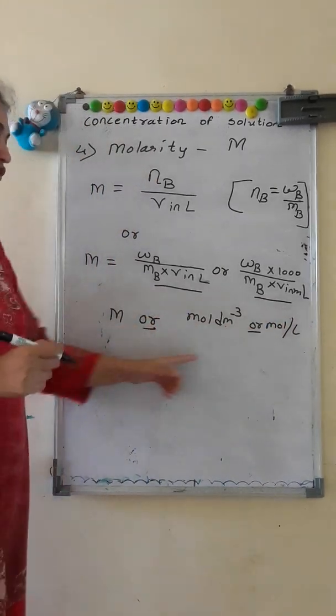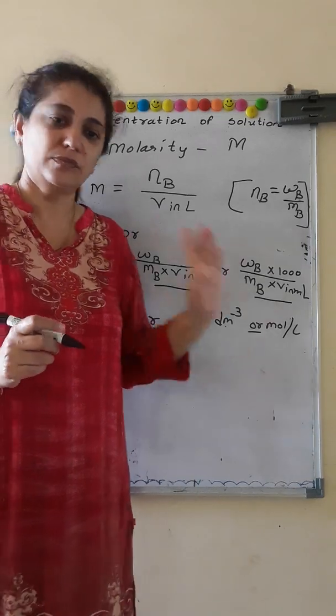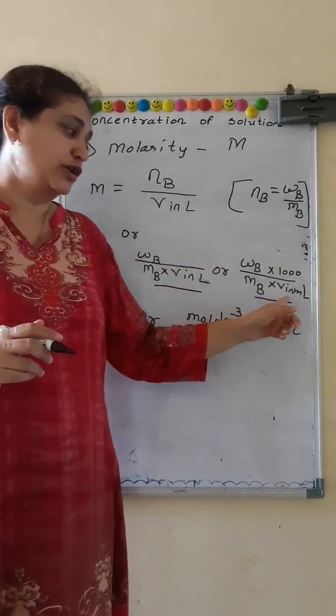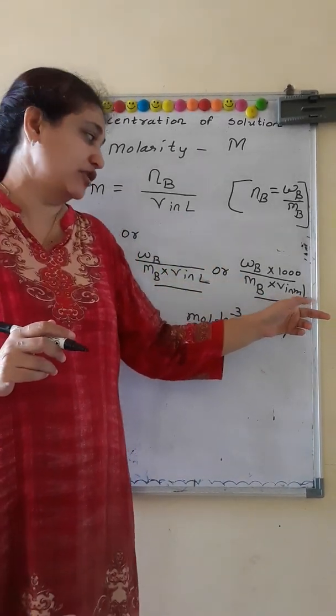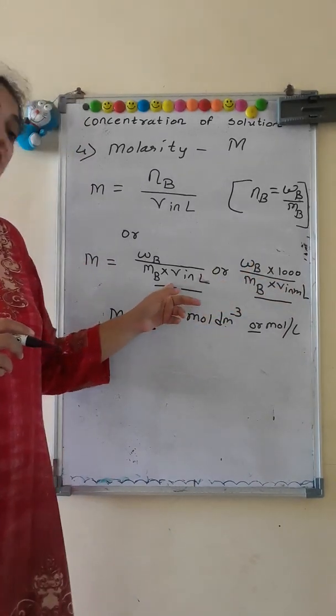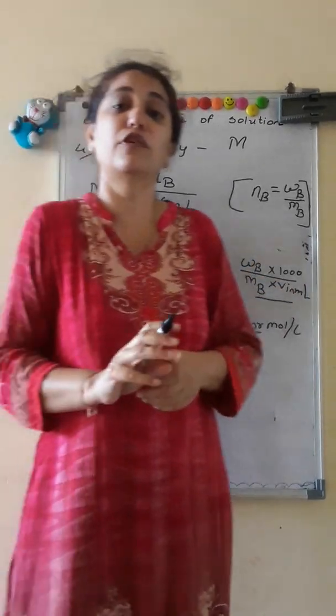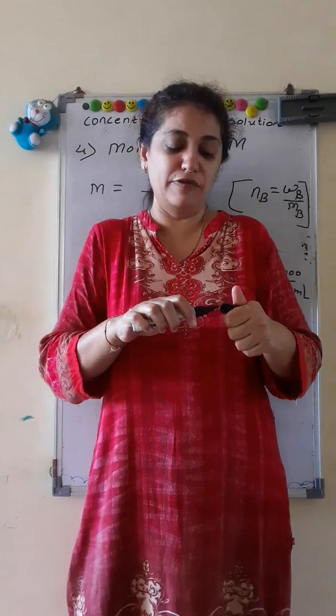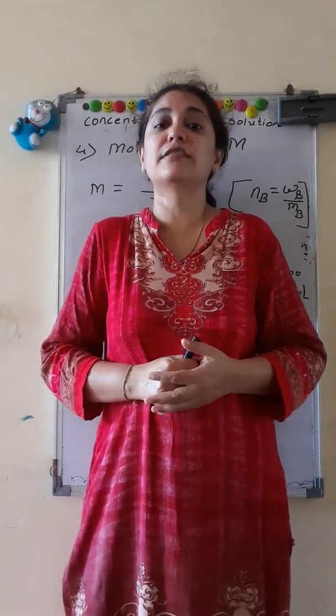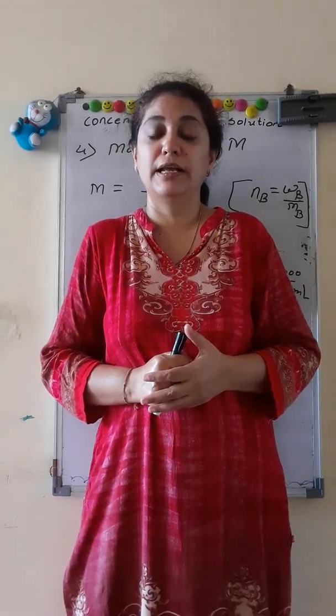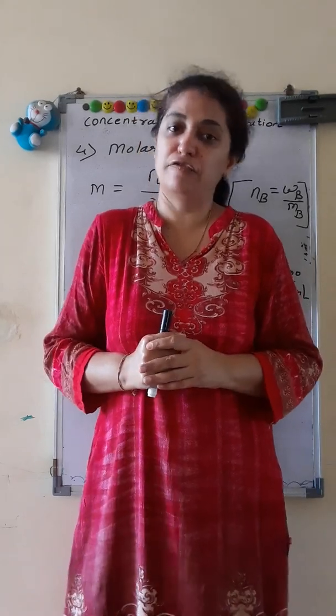So these are the unit of molarity. Now if volume of solution is expressed in ml, you use this formula. If expressed in liter, you use this formula for calculation purpose. And definition of molarity is, it is number of mole of solute in 1 liter of solution.